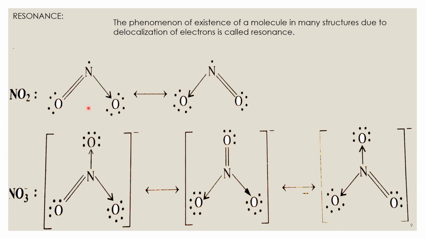In NO2 resonance structures, around nitrogen, there is 1 coordinate covalent bond shown with an arrow mark and the other bond is a double bond. In the first diagram, the double bond is on the left side, and in the second diagram, the double bond is on the right side. These 2 are resonance structures for NO2, and NO3 minus resonance structures are also given, very important structures.